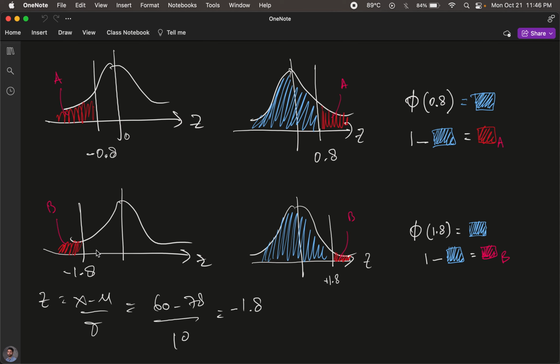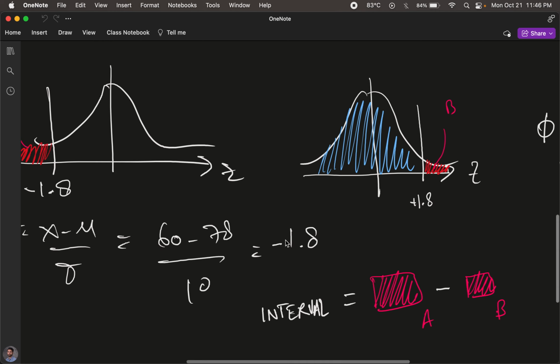Whatever those numbers are from my z table, and after subtracting them from 1, I am actually quite simply going to do, I might actually just do it in the same color. I'll say, okay, this larger area A minus this smaller area B is actually going to be my interval. We often refer to this as the negative interval, right?